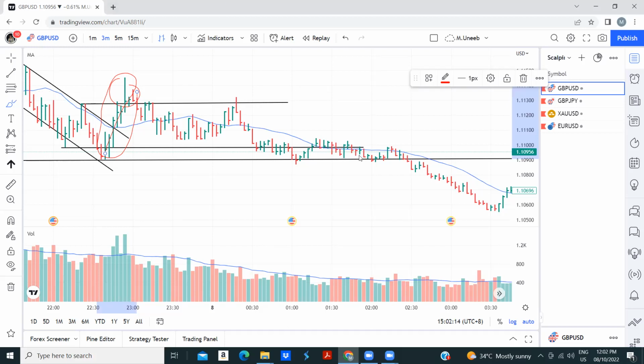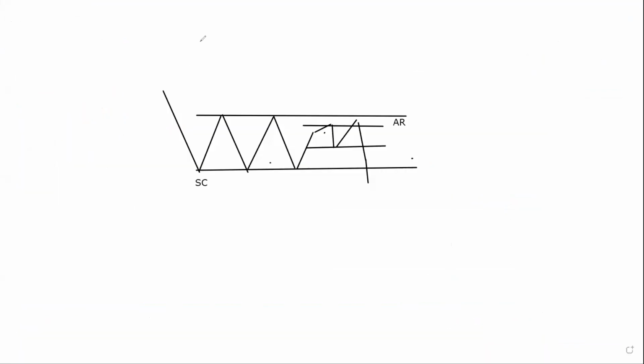Okay, the second thing, as I told you, let's do it quick. At the AR line, when you're expecting the JAC, it will fail in two conditions.